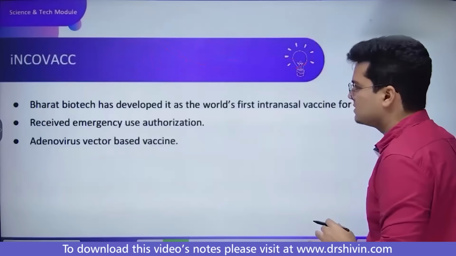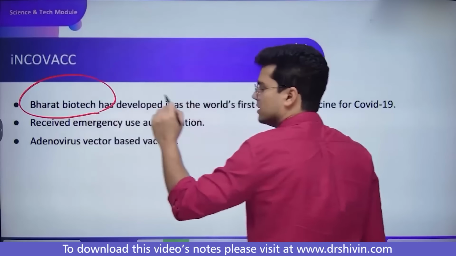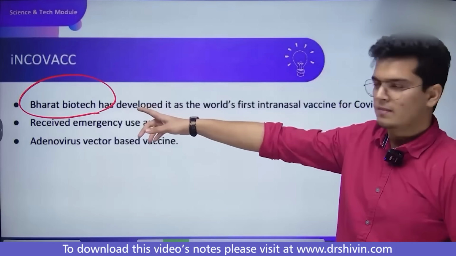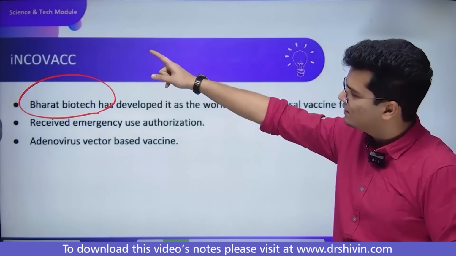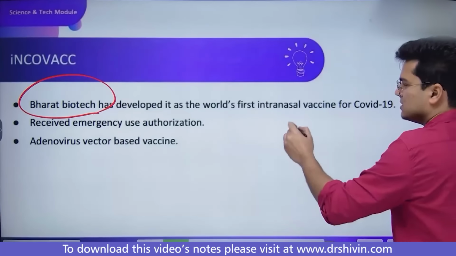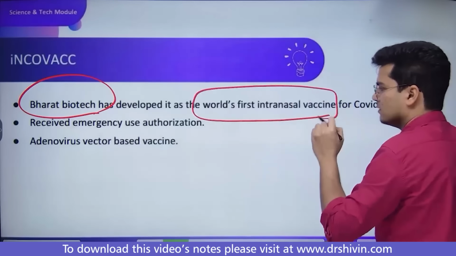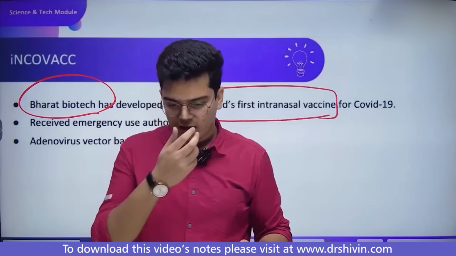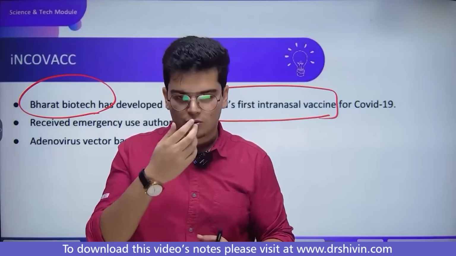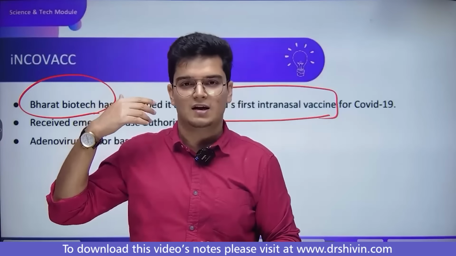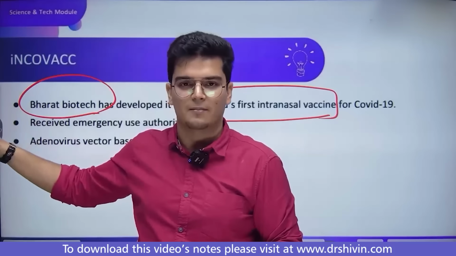Incovac. Incovac has also been developed by Bharat Biotech, the ones that developed Covaxin. It is the world's first intranasal vaccine. Intranasal vaccine means you just take it through your nose, it does not need a needle injection. You take it through your nose and then it goes to the blood and the background process happens.